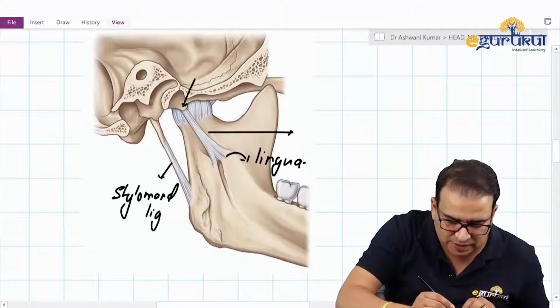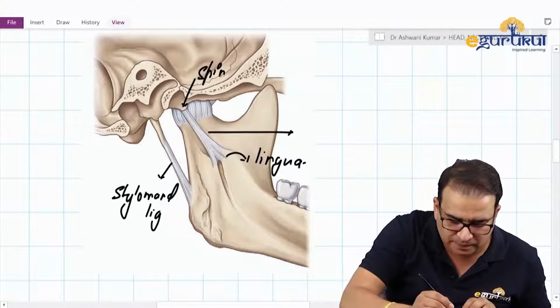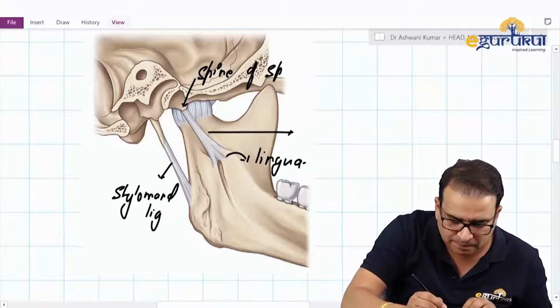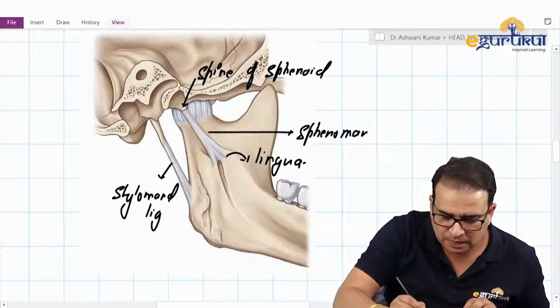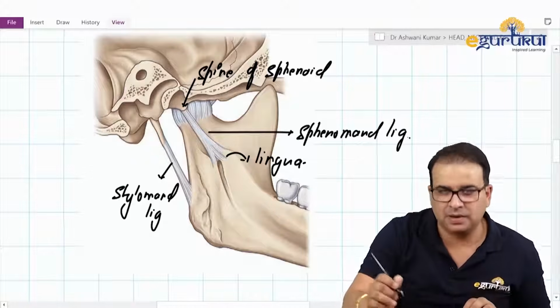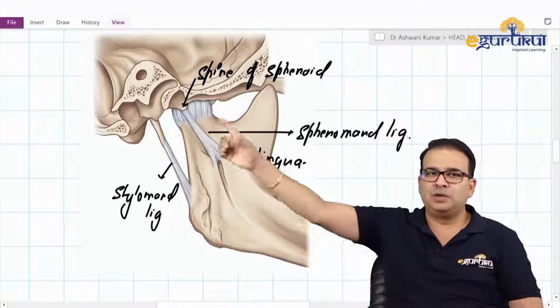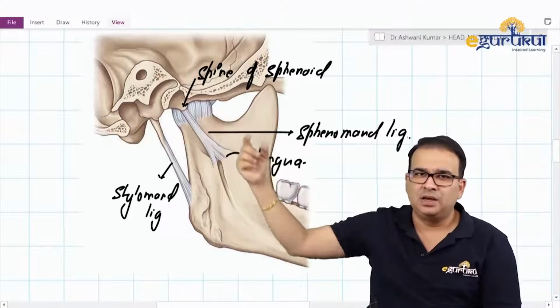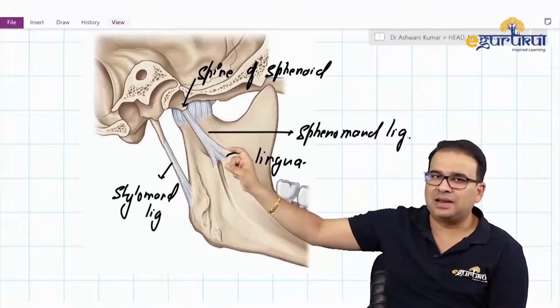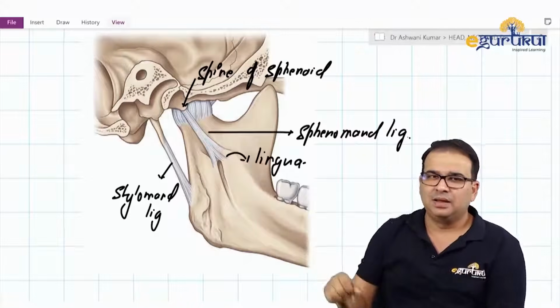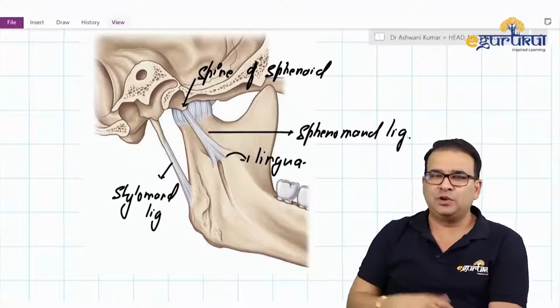And that above here is the spine of sphenoid. So the ligament here is called the sphenomandibular ligament. From the spine of the sphenoid to the lingula, which you see on the medial surface of the ramus of mandible, partly guarding the mandibular foramen, that ligament is the sphenomandibular.